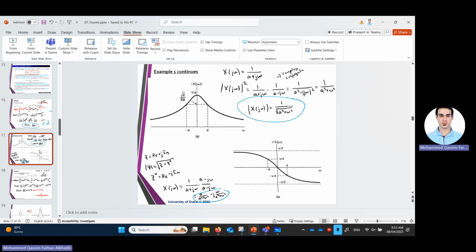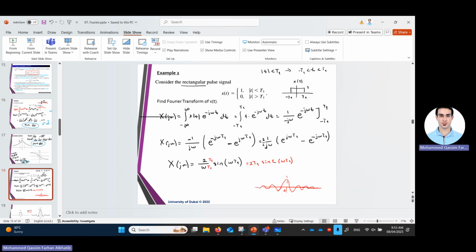Let's see another example. Consider this rectangular pulse. X of t equals 1 from negative t1 to t1. If you recall, absolute value of t less than t1 means that the values of t are from negative t1 to t1. And this is how you represent or plot this expression.